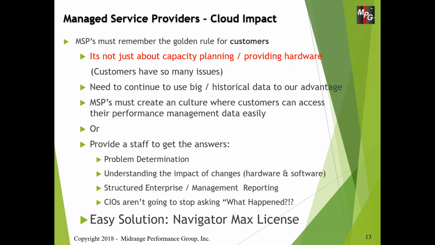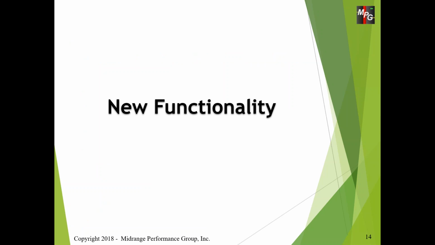So the easy solution, you guys just need to get a Navigator Max license so you can manage the entire frame. It's all about SLAs and stuff. And, I think we're going to learn through this whole process. But the bottom line is you guys got to be prepared. If you create the right culture up front where you can manage these boxes more effectively, it's going to be win-win for everybody.